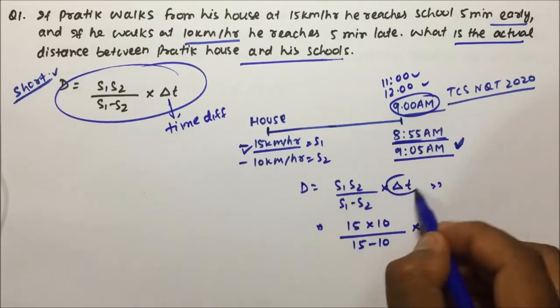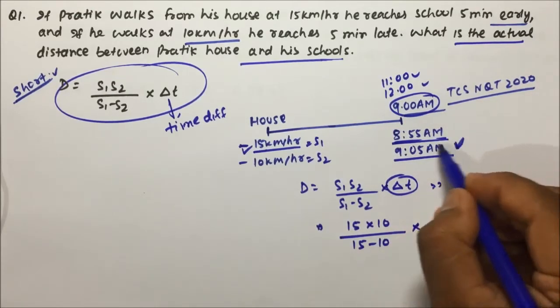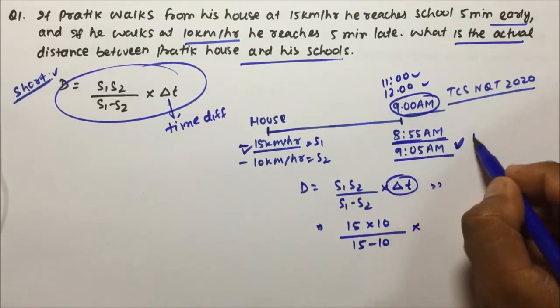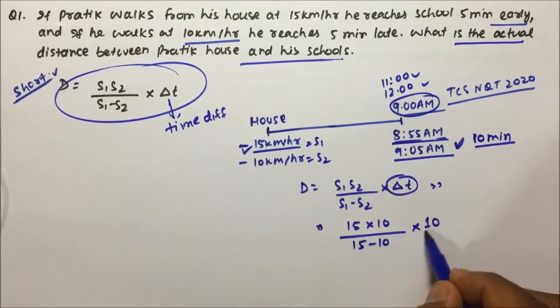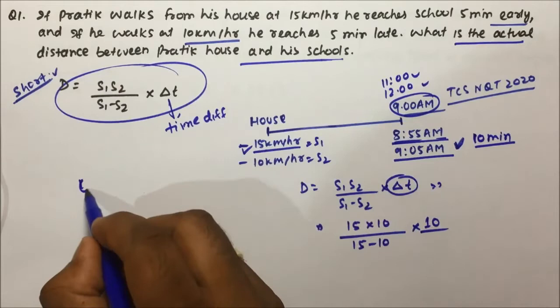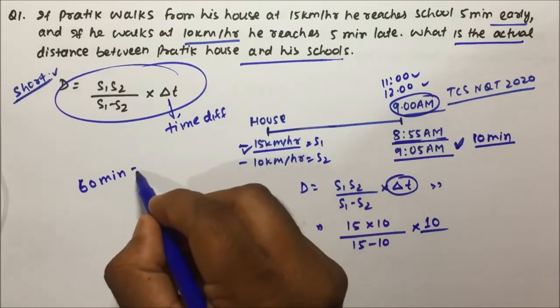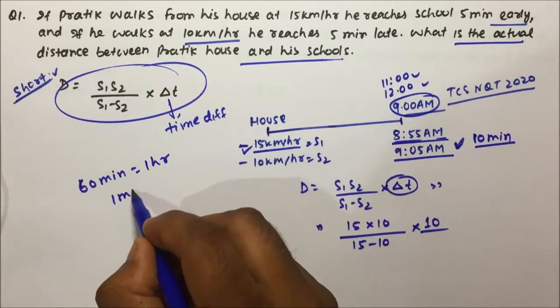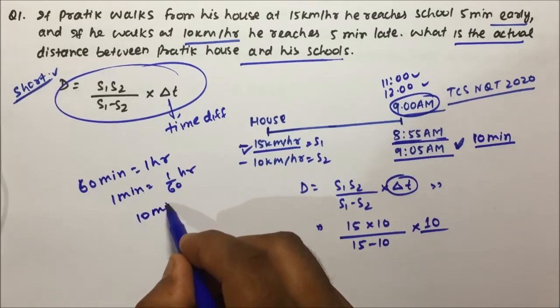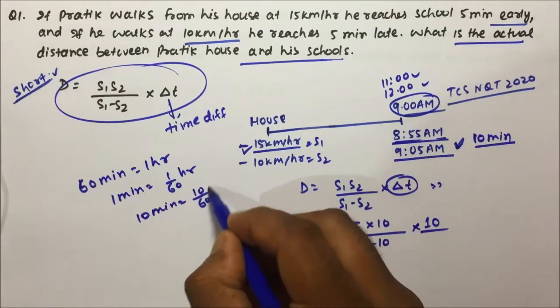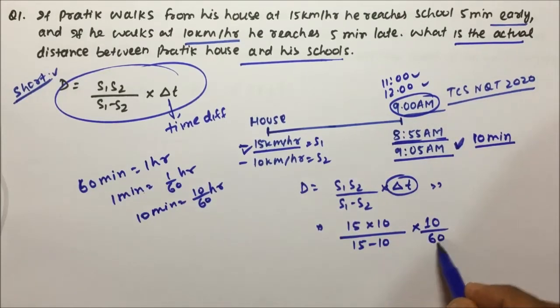And the time difference, you can see 8:55 and 9:05, is a 10 minute difference. If we convert 10 minutes into hours, 60 minutes equals 1 hour, so 1 minute equals 1 by 60 hours, and 10 minutes equals 10 by 60 hours.